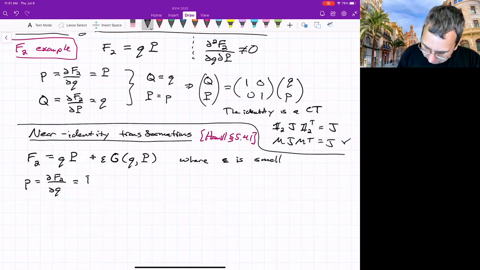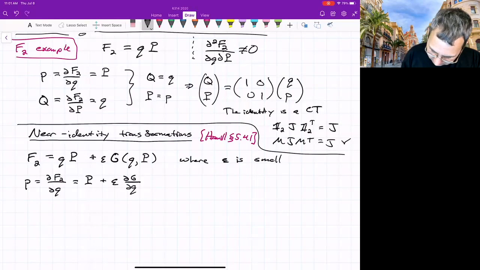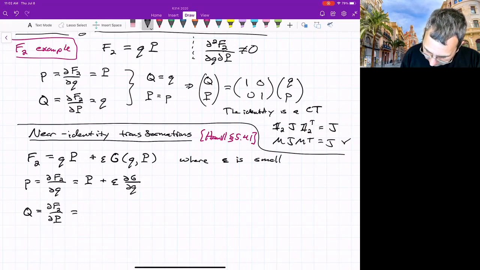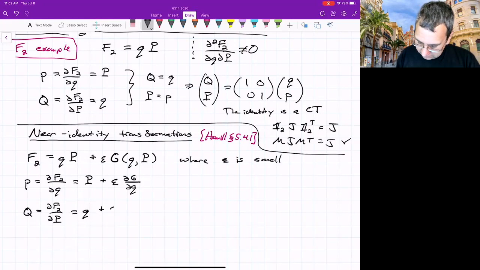It's going to equal big P plus epsilon partial G partial q. And big Q is partial F2 partial big P. That's going to be little q plus epsilon partial G partial big P.